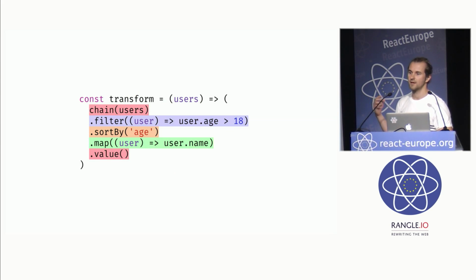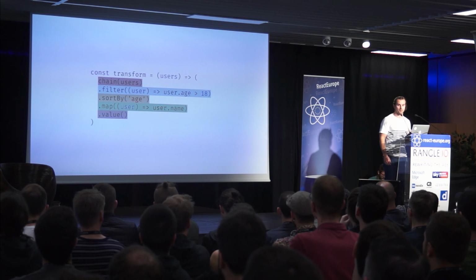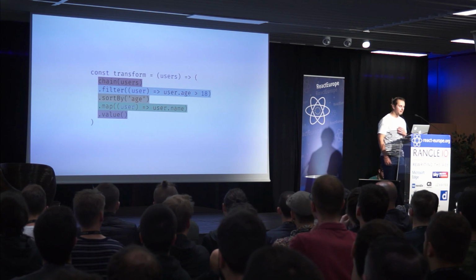To me personally, the value part at the end is where I messed up a lot of times because I forgot value. I forgot to fix dot value in code reviews. When people made mistakes, we ended up with functions that didn't work while we thought they worked. And to me, that's also a little bit too much boilerplate.